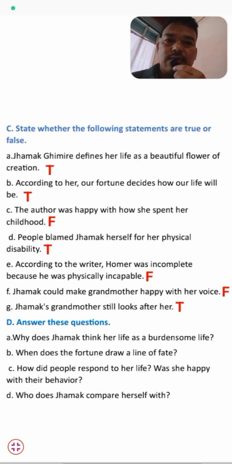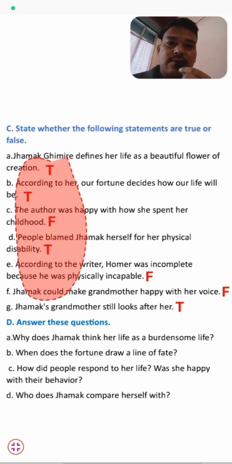Now exercise C, students, we have true and false. State whether the following statements are true or false. Students, as you have studied, the whole text is about Jhamak Kumari Khimire, and only then can you answer these questions.